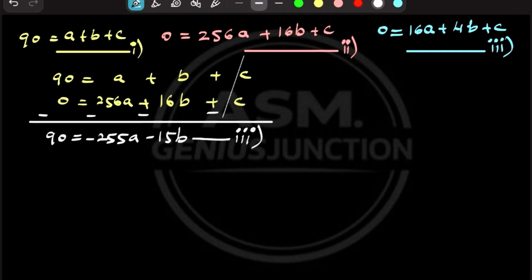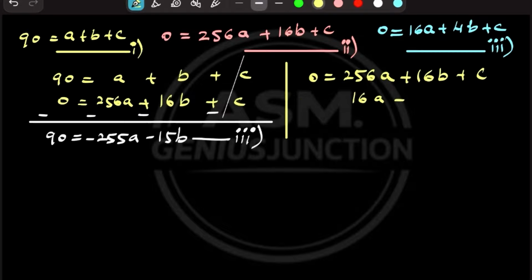In the same way, now we are going to subtract equation number 2 and 3. So I am writing equation number 2: 0 equals 256a plus 16b plus c. And equation number 3 is 16a plus 4b plus c equals 0.